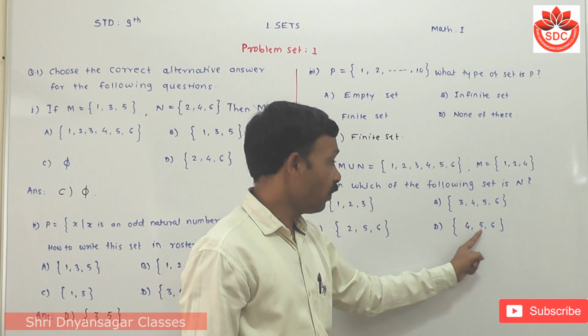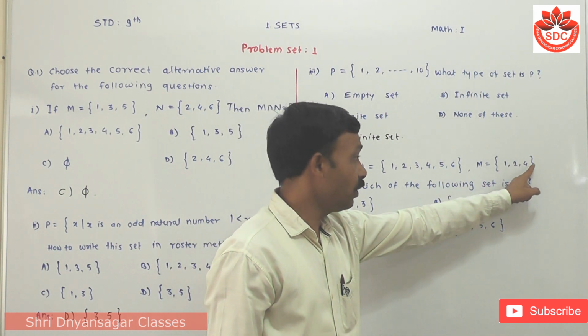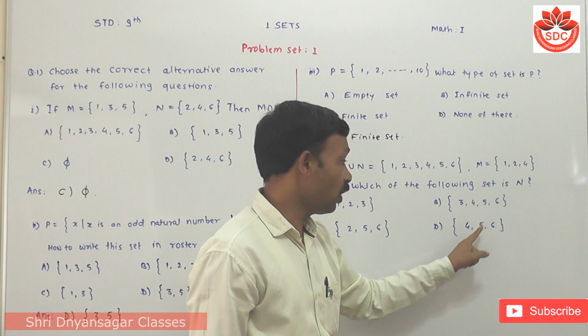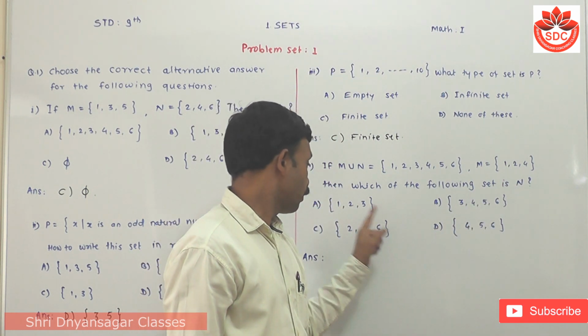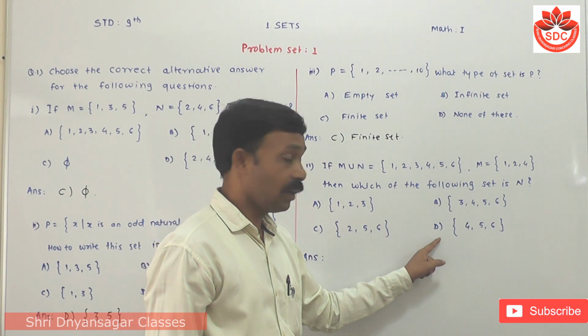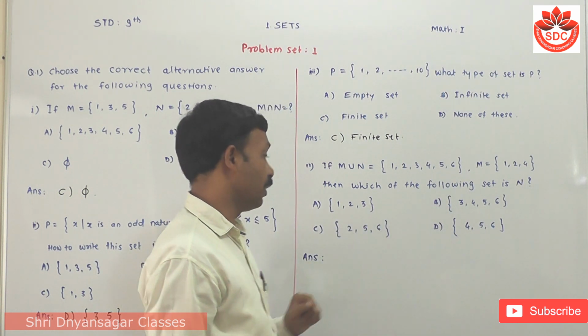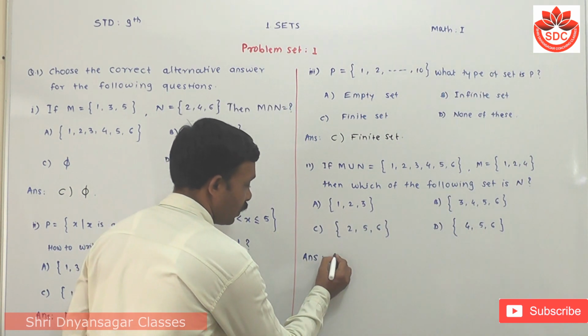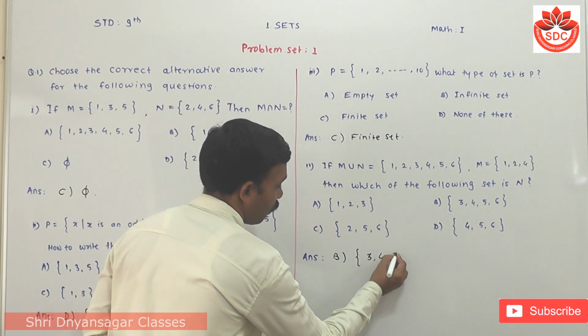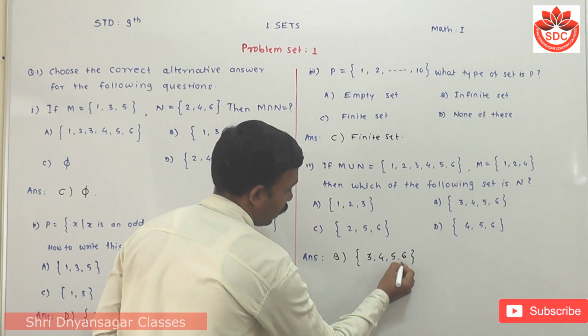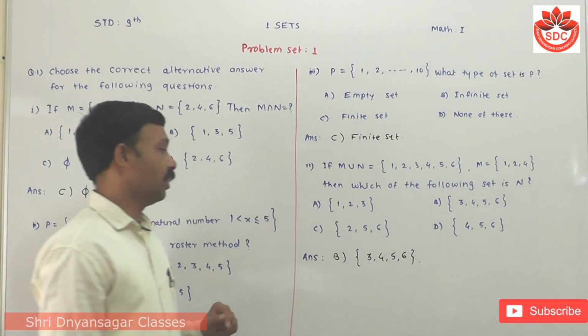Look at this 4, 5, 6. Here is 4, 5, 6 and 1, 2, 4. 3 is not present. Meaning this is not the answer. Meaning the first, second and fourth, A, C and D, are not the answer. Meaning the remaining is B. So the answer of this one is B. The set is 3, 4, 5, 6. Can you understand this? This is our MCQ.